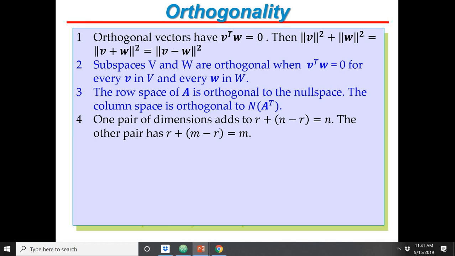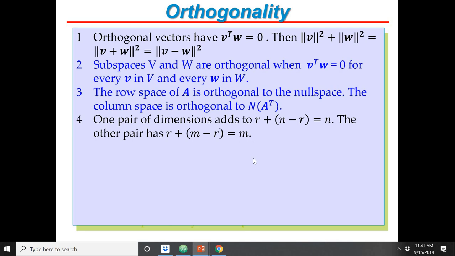Together, the null space of dimensionality n minus r and the row space of dimensionality r make the whole of Rn. And similarly, the left null space of dimensionality m minus r and the column space of dimensionality r make the whole of Rm.